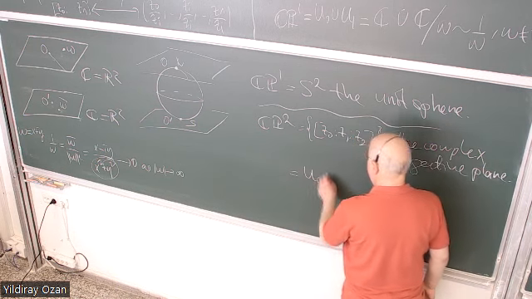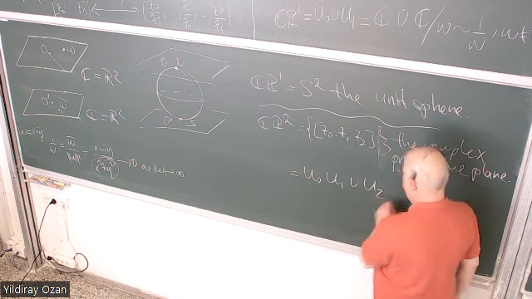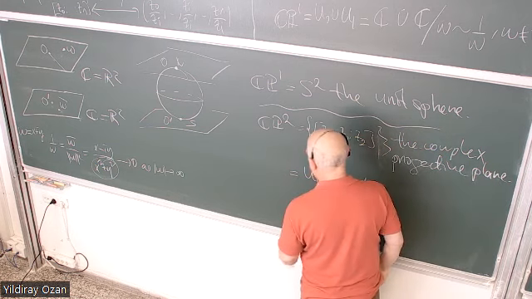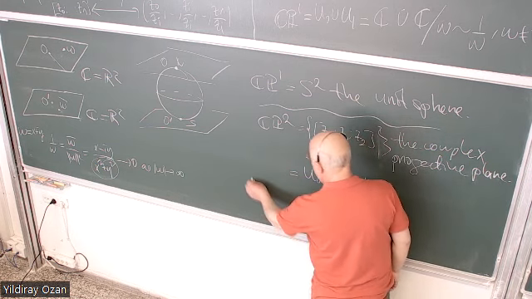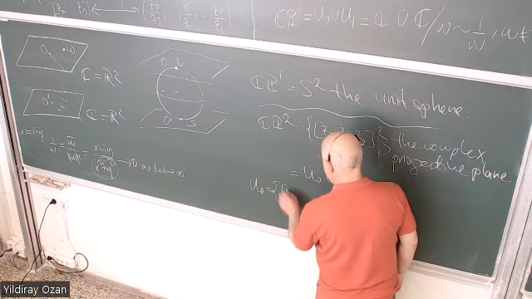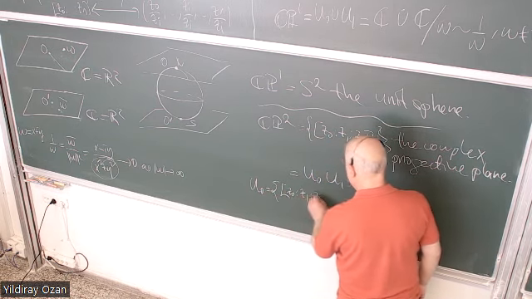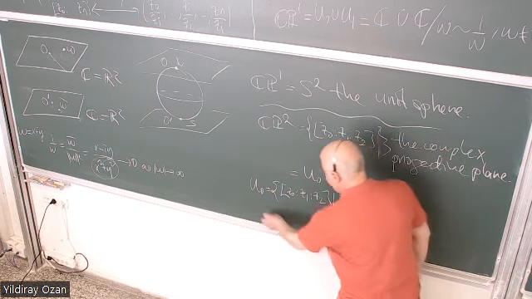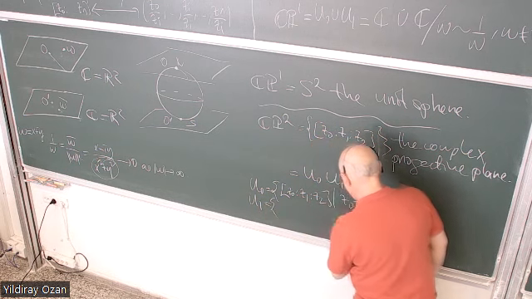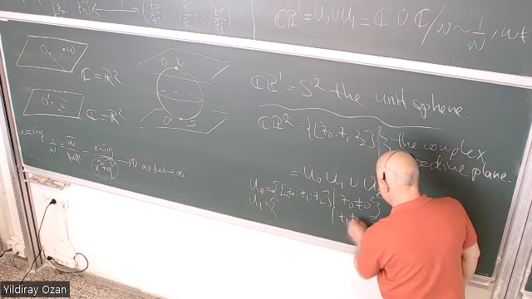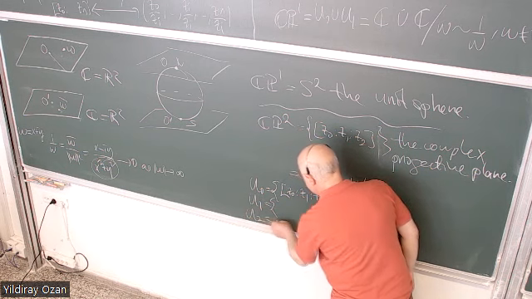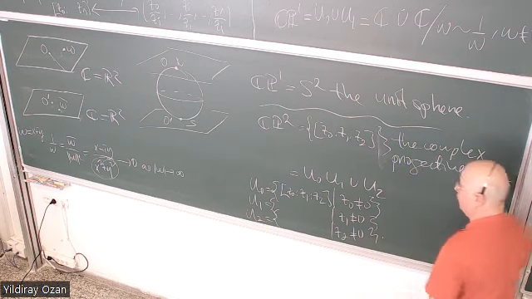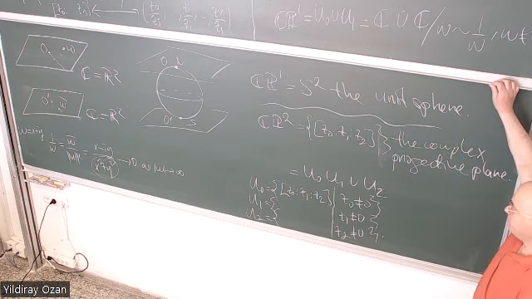And this time it has 3 coordinate patches. U0 is just Z0, Z1, Z2, where Z0 is not zero. U1 similarly, Z1 is not zero, and U2 similarly, the same thing, but this time Z2 is not zero.